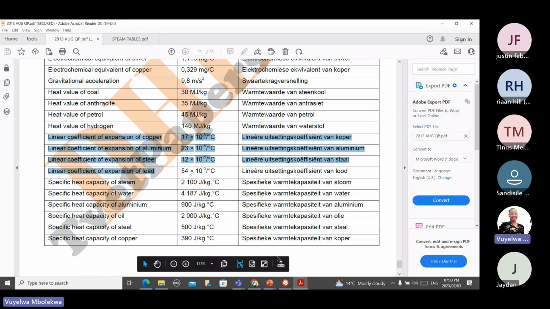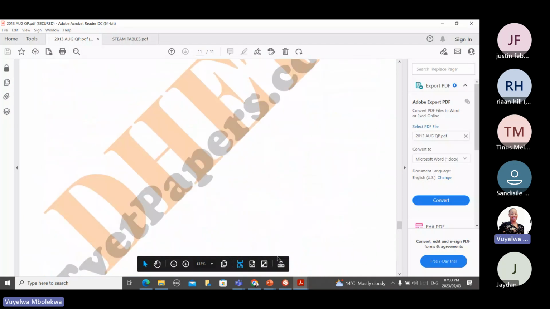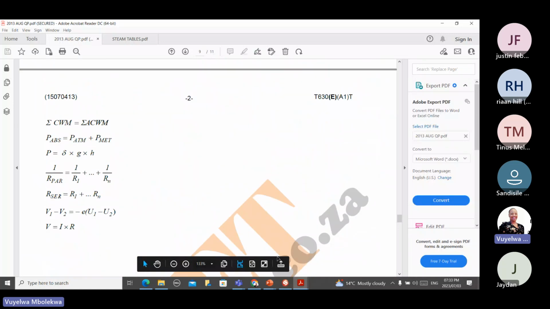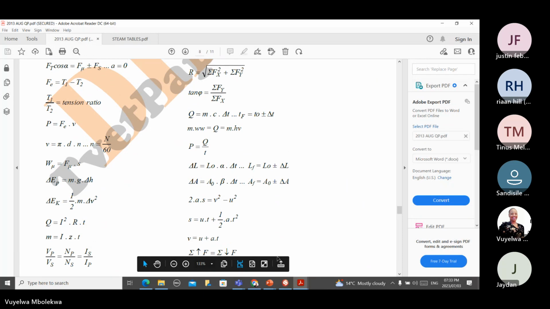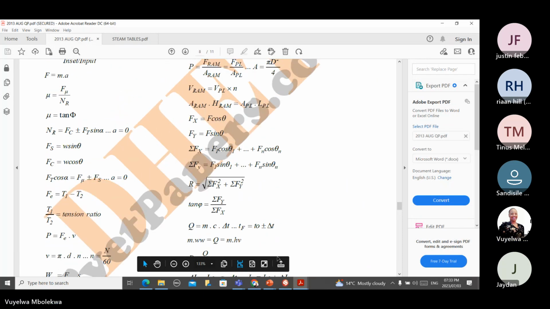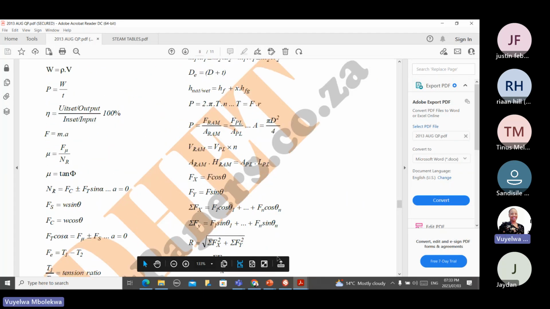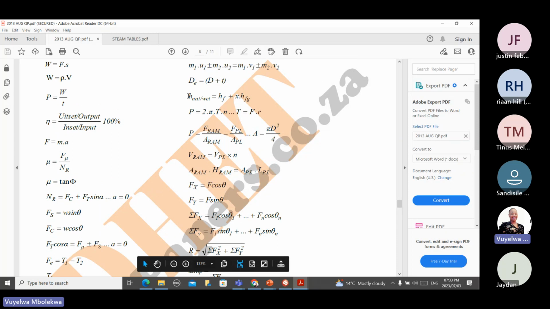Let me just see what equations you have here for steam. Just to be sure, I think you only have this one, which is for wet steam, Hf plus X Hfg.